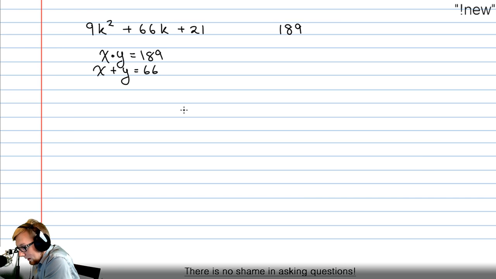So, last time I was talking about factors. I want you to figure out what two numbers multiply together to give you 189 but add together to give you 66.